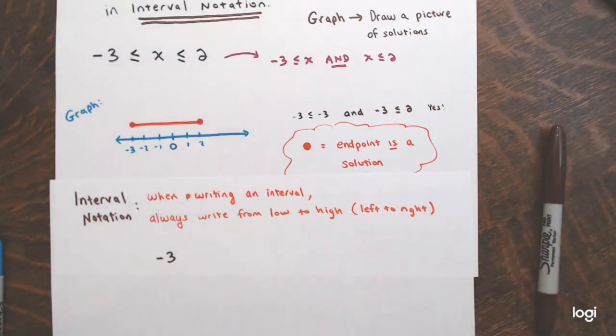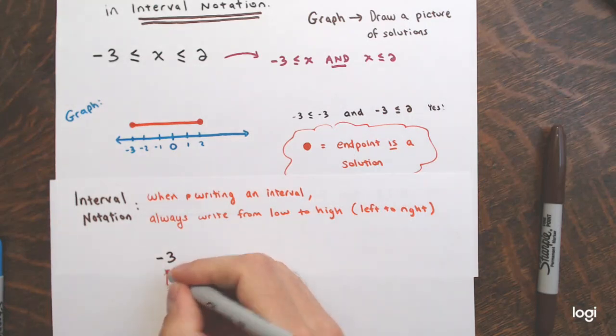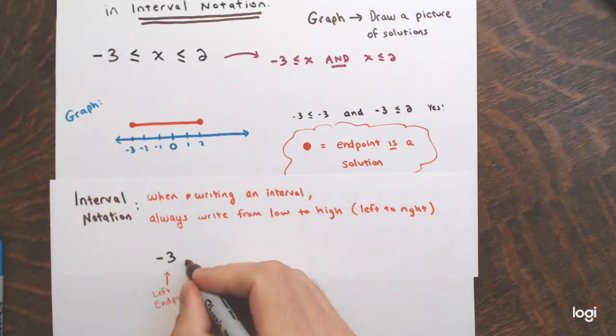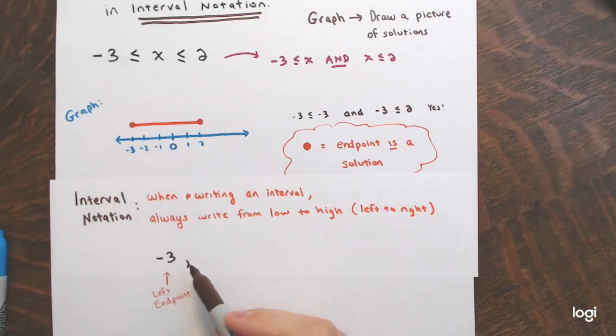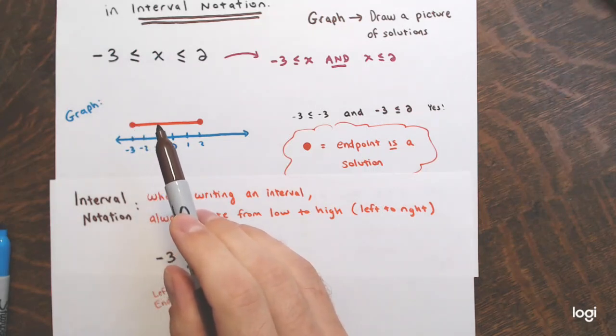Okay, so you have your left endpoint written down first. All right, then a comma, and then again going from left to right.